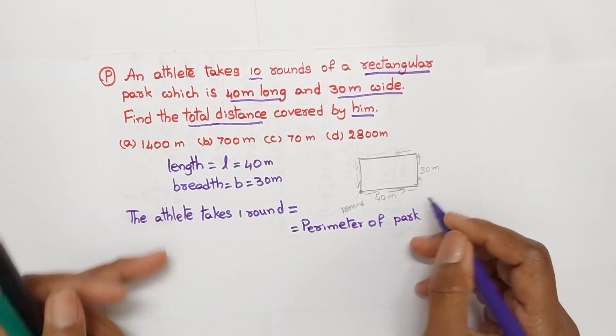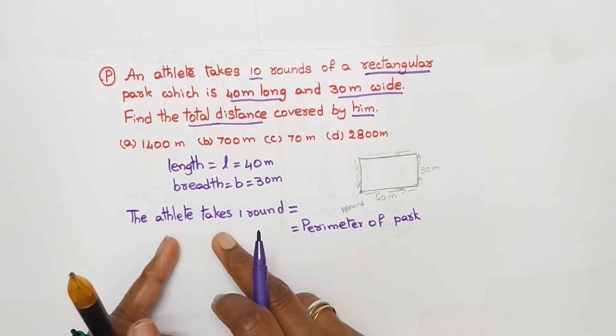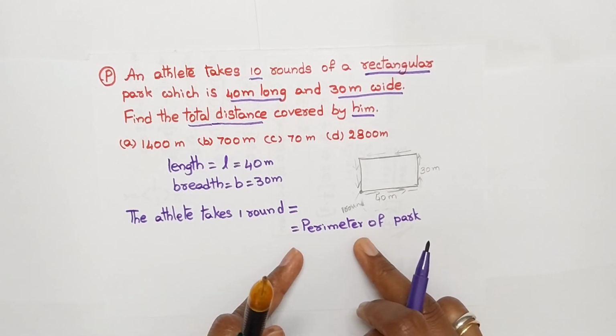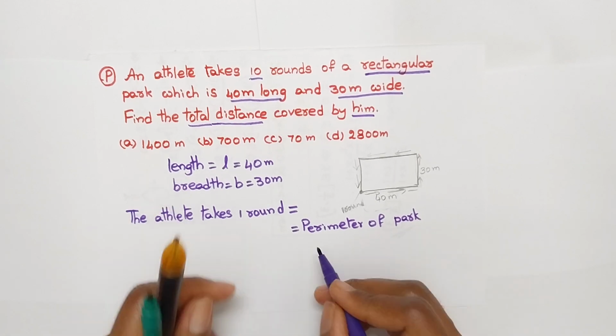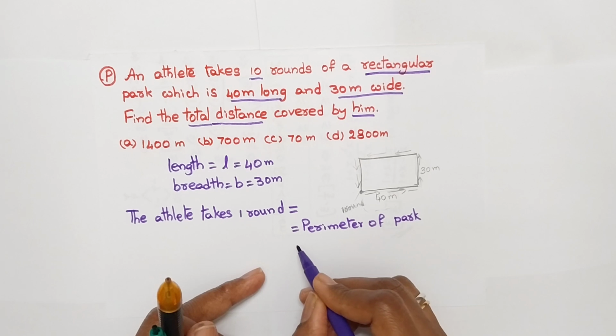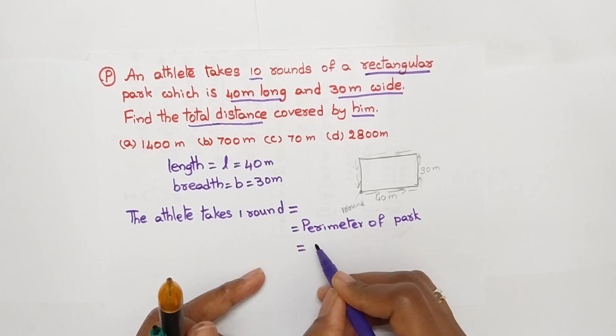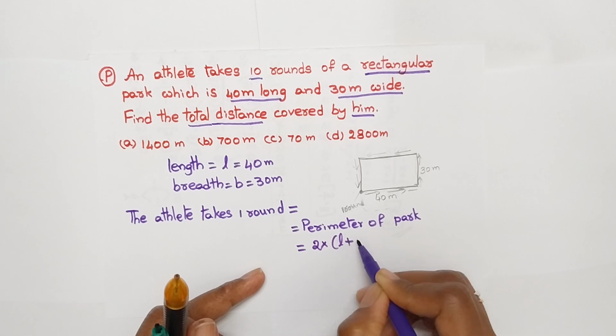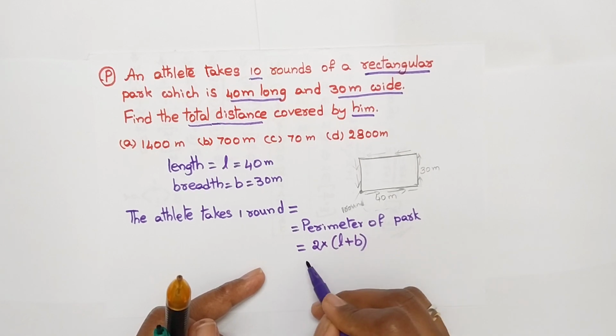So if we want to measure one round, we have to calculate the perimeter of the park. As the park is rectangular, we need the formula of the perimeter of a rectangle, that is 2 into (L plus B).